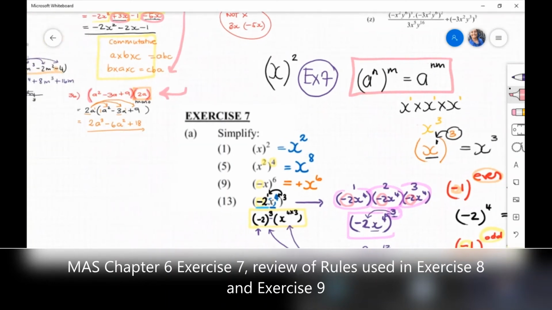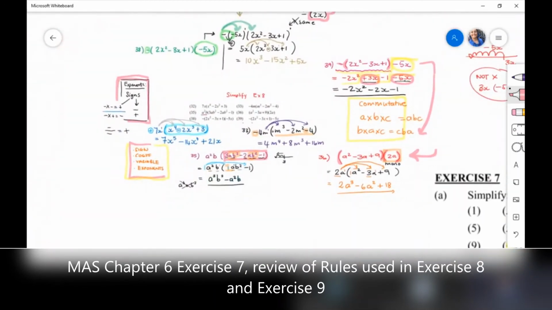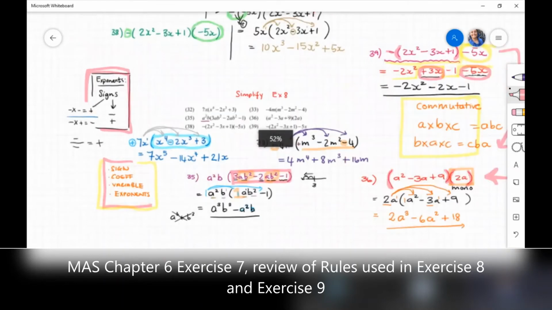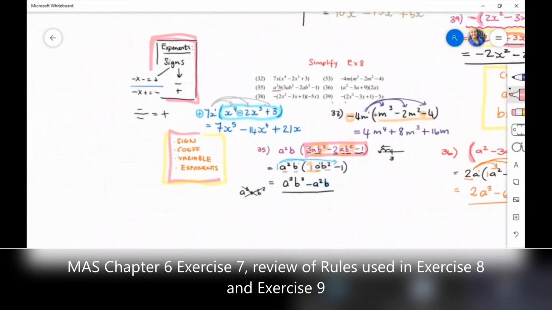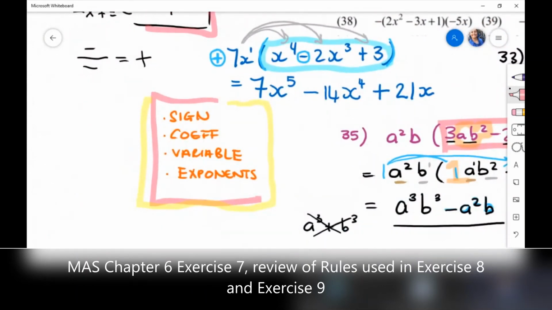So basically what I have here is what was discussed in our previous video when we did simplifying of exercise 8, and we focused once again on the laws for our signs, but also what I introduced was this little summary right here.